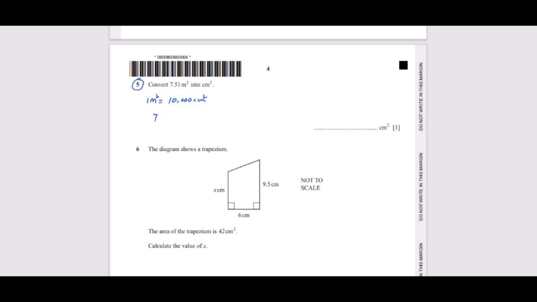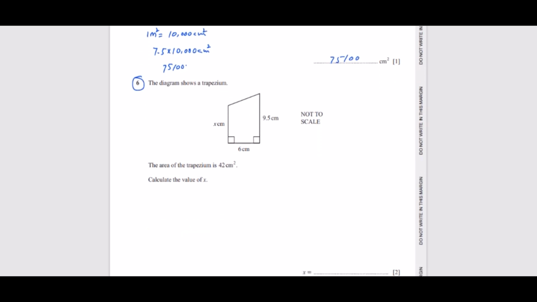So 7.51 multiplied by 10,000. After multiplication, this will be equal to 75100. So the final answer is 75100.